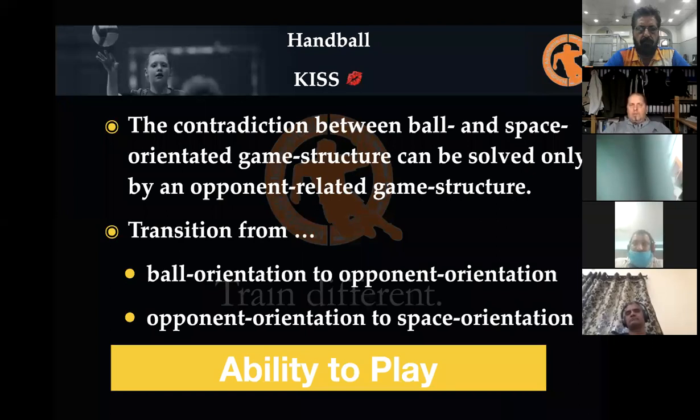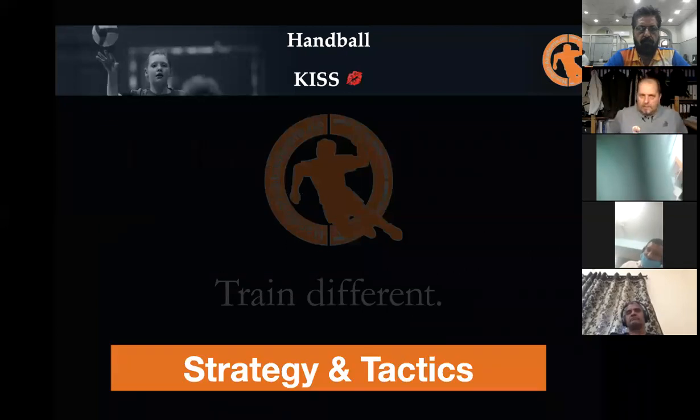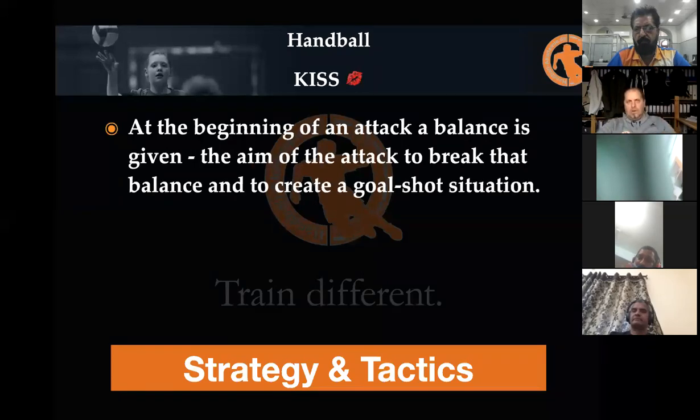Now we come to chapter number 3, which is about strategy and tactics. And this is something which is, first of all, attack orientated, because when the game starts and the attack is going to the front court, then the defense is taking position in front of them, a little bit more open or a little bit more away, doesn't matter.